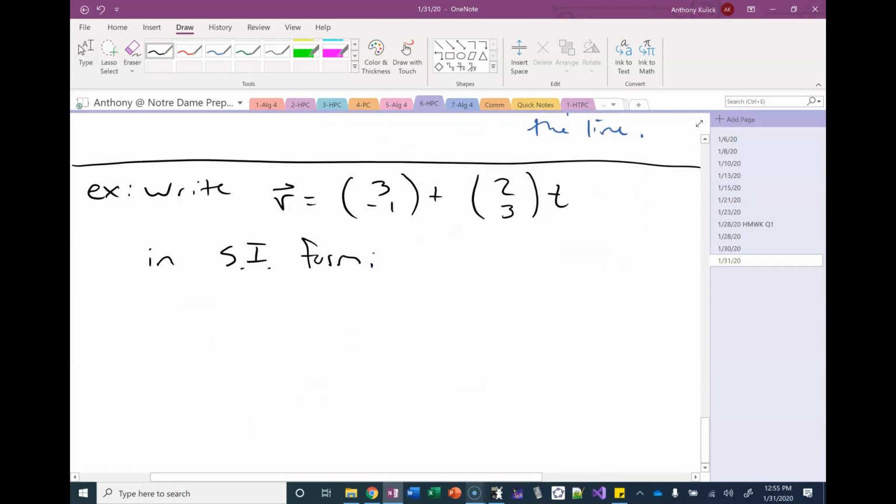So let's say we wanted to write this vector equation, r equals 3, negative 1, plus 2, 3t in slope-intercept form. Remember, slope-intercept form is?